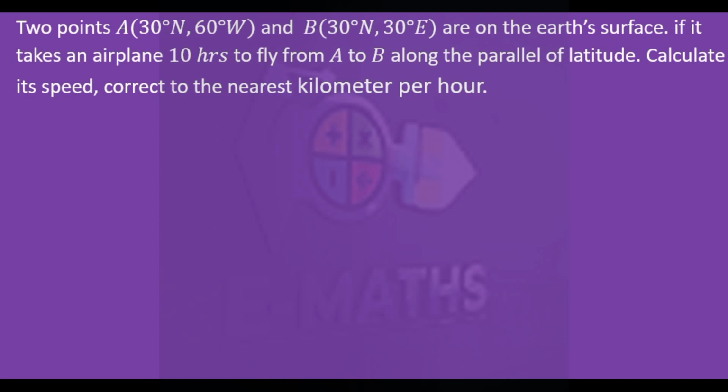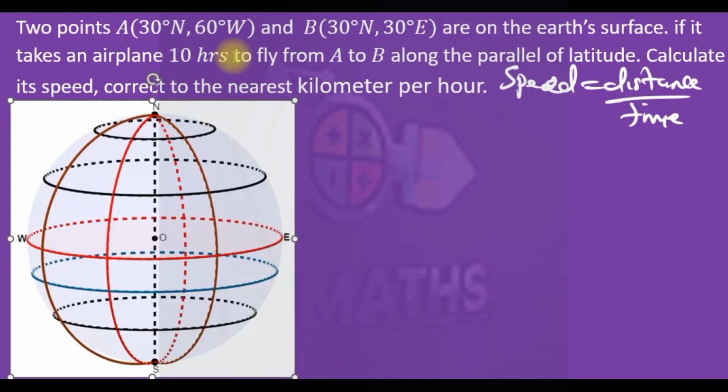Okay, we know that speed is always distance over time. So we need to get the distance first, since we are given the time. So once we know the distance, we find the speed. So let's draw the diagram.